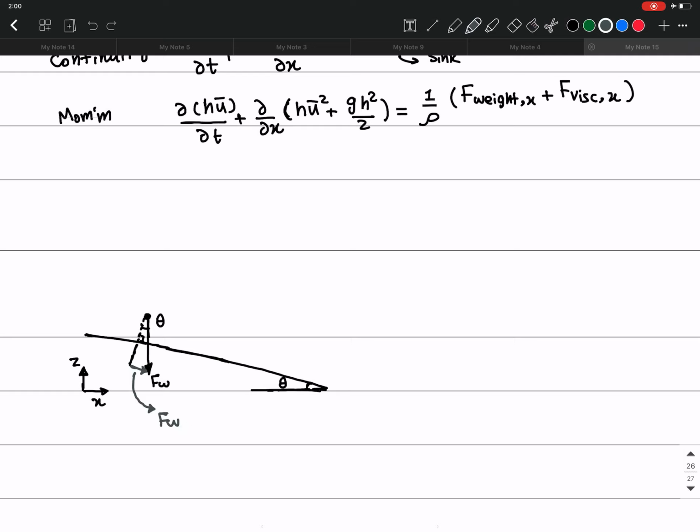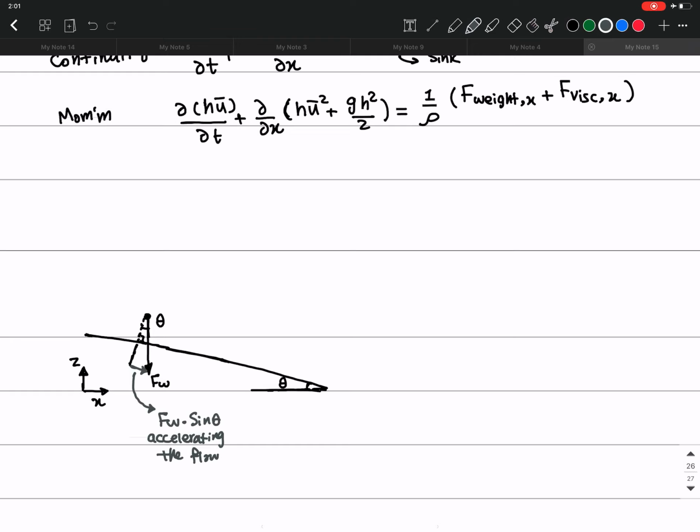Here, this one is going to be FW times sine of theta, this component that is kind of accelerating the flow. Okay, so this has to go to the momentum equation in the stream flow direction.